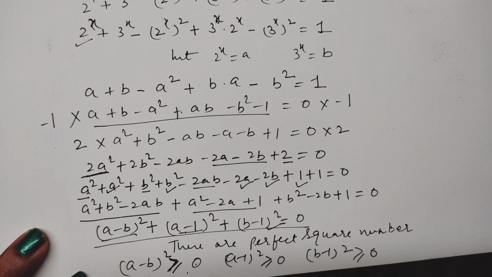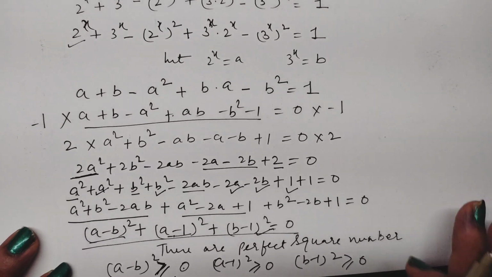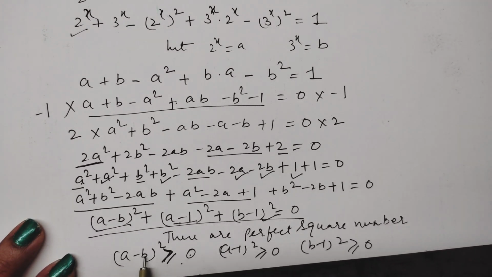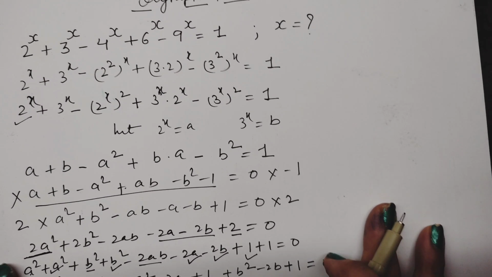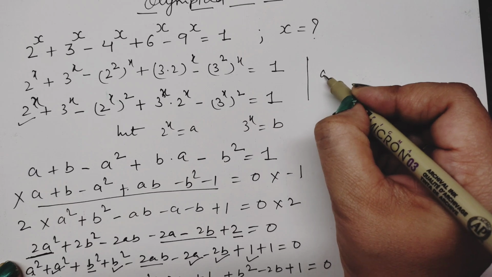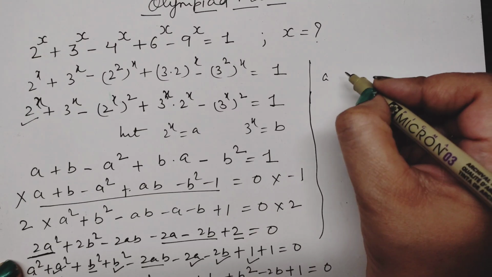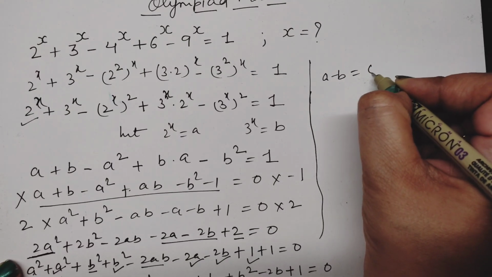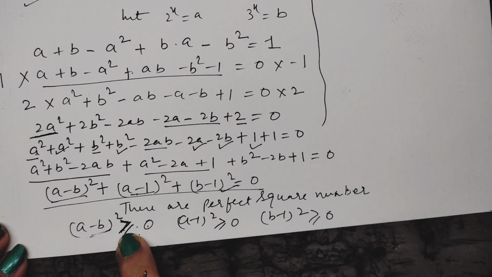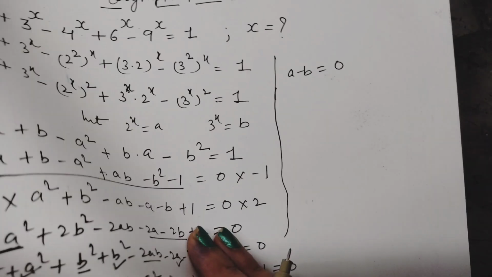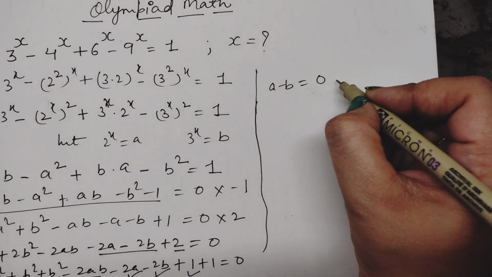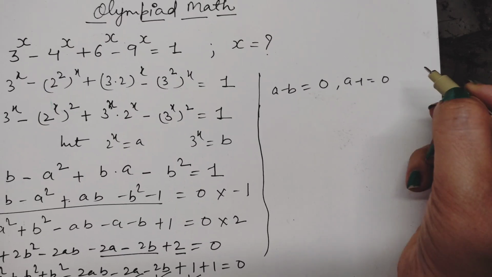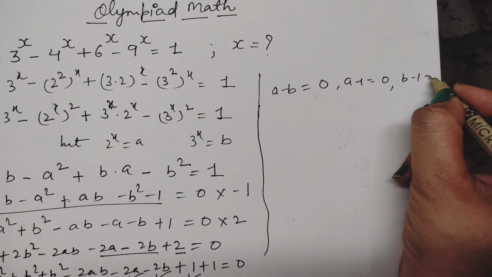So a minus b, this part is greater than or equal to 0, so we can write a minus b equal to 0. Similarly, a minus 1 equal to 0 and b minus 1 equal to 0.